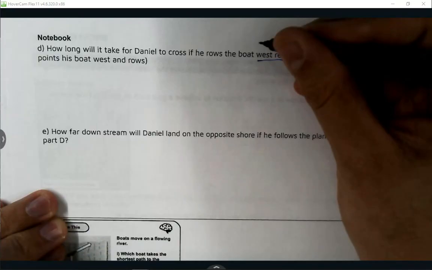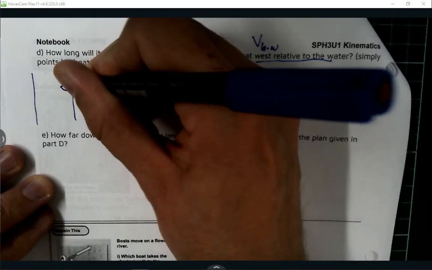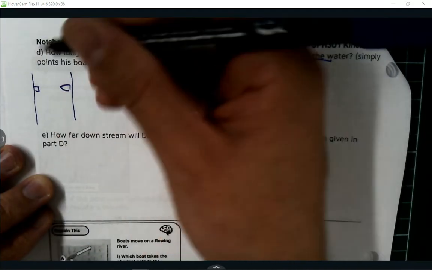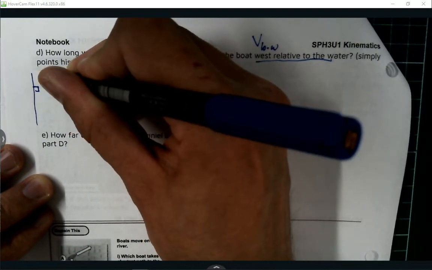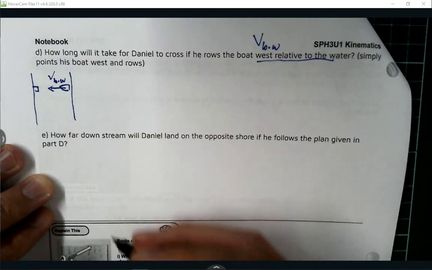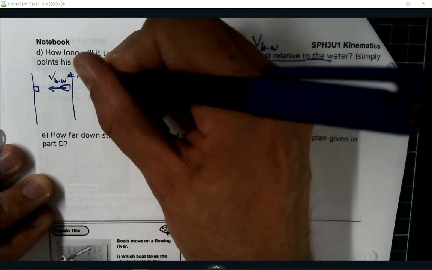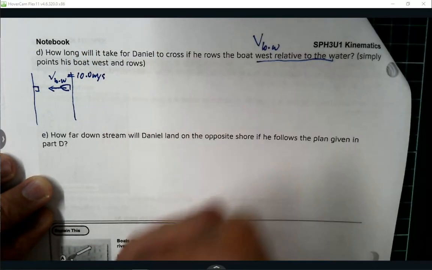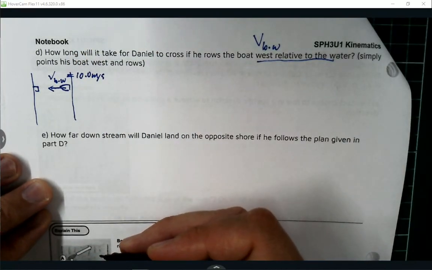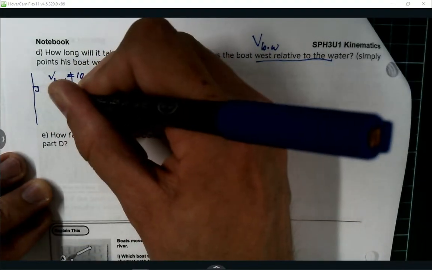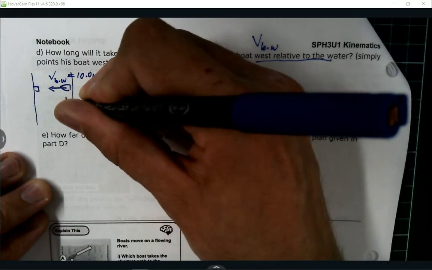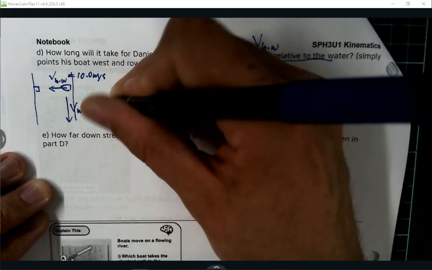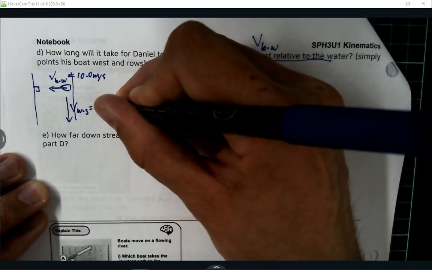If I was going to sketch this out, we'd say, okay, here's our boat. I know the dock's straight across, but I'm not worried about the dock. I'm just going to row west, velocity of boat relative to water, straight west. And we know that information is 10.0 meters per second because we declared it earlier. And we know that the velocity of the water relative to the shore is 7.0 meters per second.